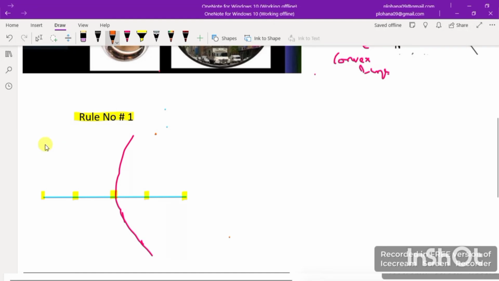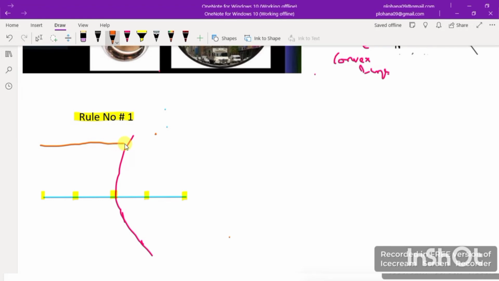Okay. As I've told you, a ray passing parallel to the principal axis would always pass through the focal point after reflection, right? So here this is going, right? This is going in the direction of what?